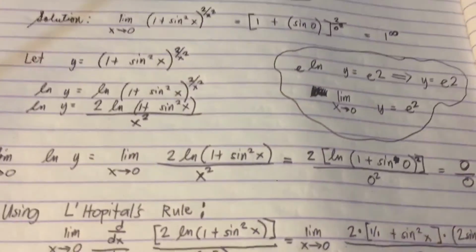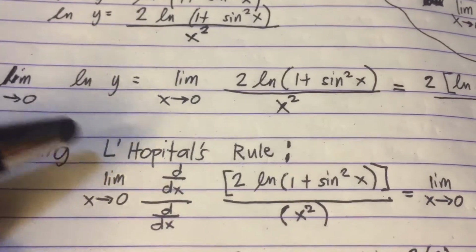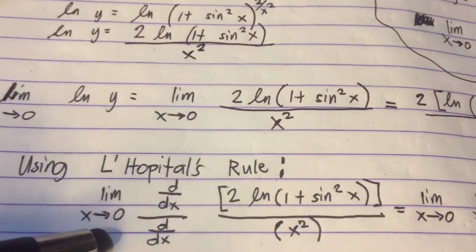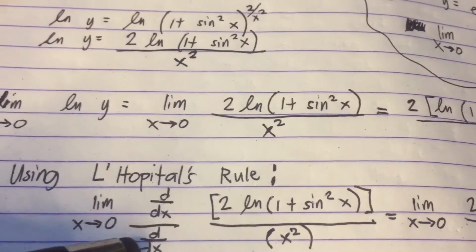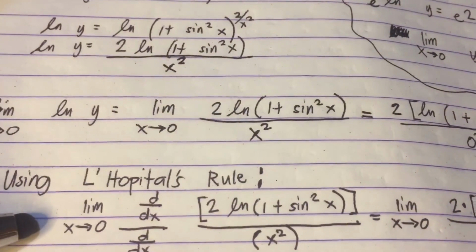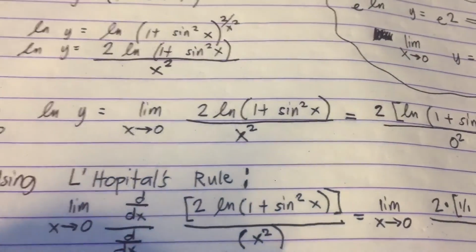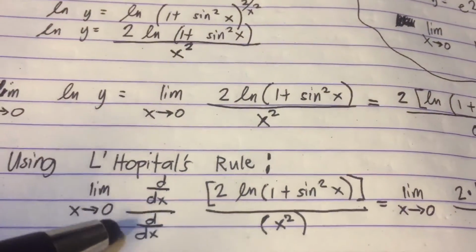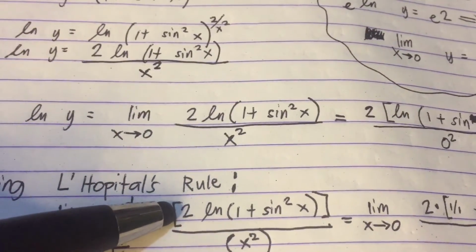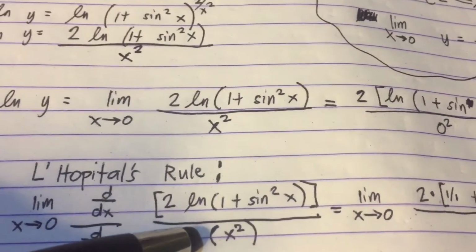L'Hopital's rule. In this rule, we are going to have the limit of f of x over g of x as x approaches c. And here we have the limit of 2 ln of (1 plus sine squared x) over x squared as x approaches 0. We will get the derivative of f of x and the derivative of g of x.